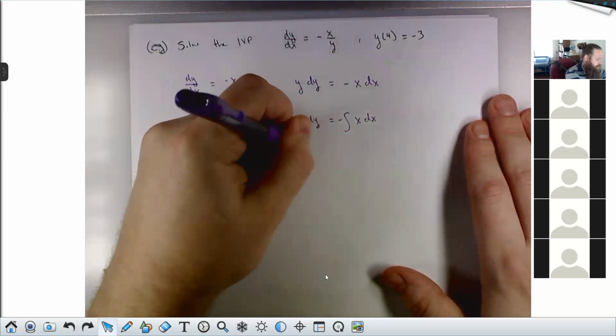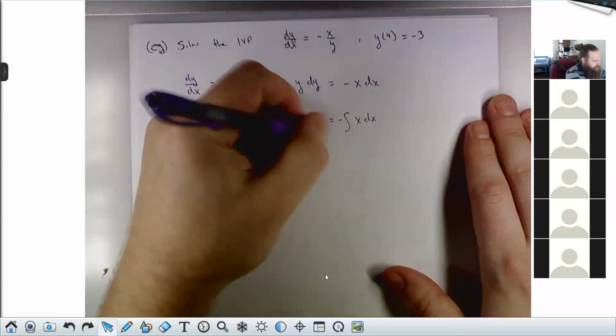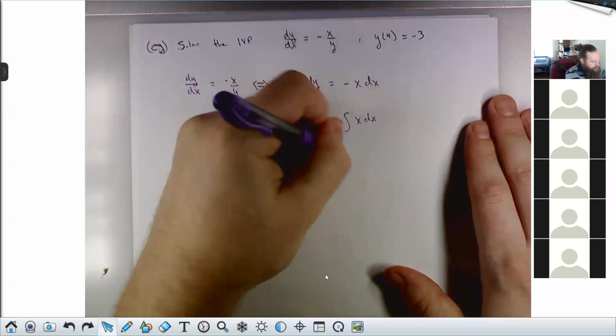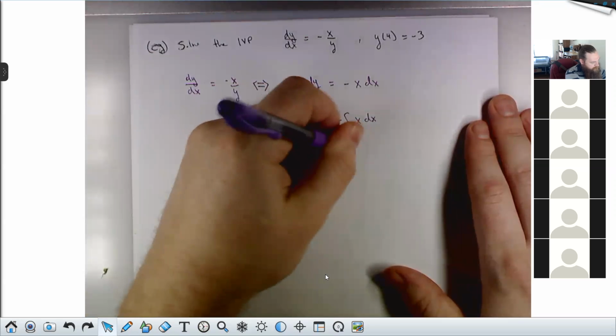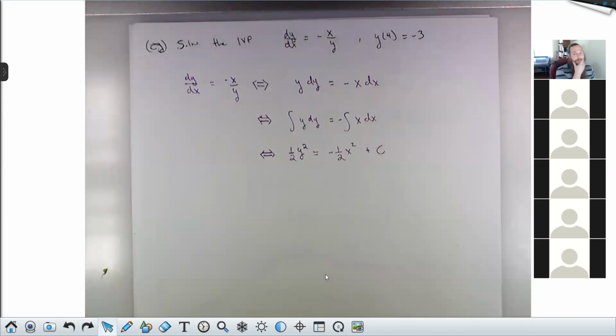So that's 1/2 y squared is equal to negative 1/2 x squared plus a constant. I've got some options, depending on how you want to express this, explicitly or implicitly.